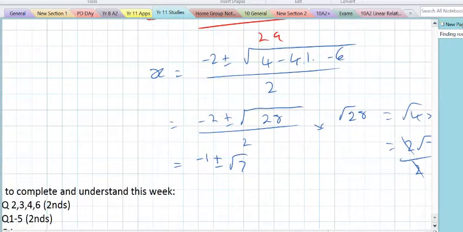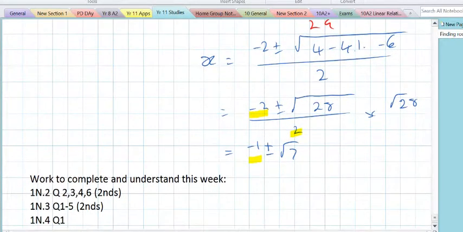And the minus 2 here was over 2, so it goes and becomes minus 1. Okay? So now our three roots are x equals 0.75 and then minus 1 plus or minus root 7.